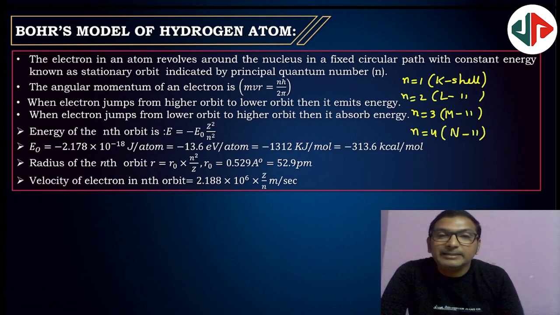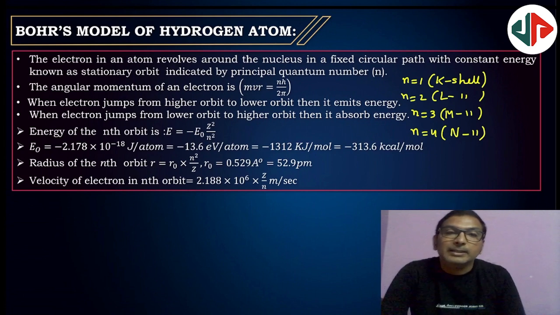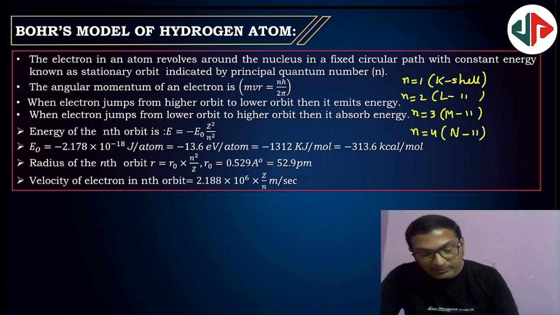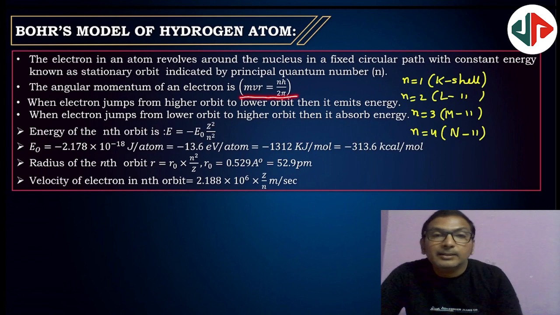So orbits are designated with letters or numbers. Next, angular momentum of an electron in a definite orbit is mvr equals nh by 2 pi. Here m is the mass of the electron, v is the velocity of the electron in the nth orbit, r is the radius of the orbit, n is the orbit number, h is Planck's constant, pi is also a constant.